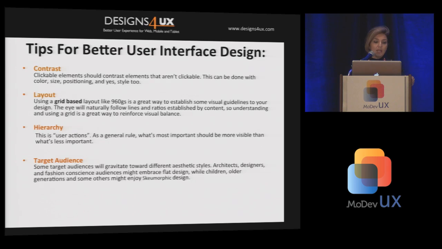Tips that can help you have a better user interface, whether it's flat or skeuomorphic, start with contrast. Clickable areas need to have more contrast from the areas that are not clickable, and this contrast can be done with color, with positioning, and also with style.